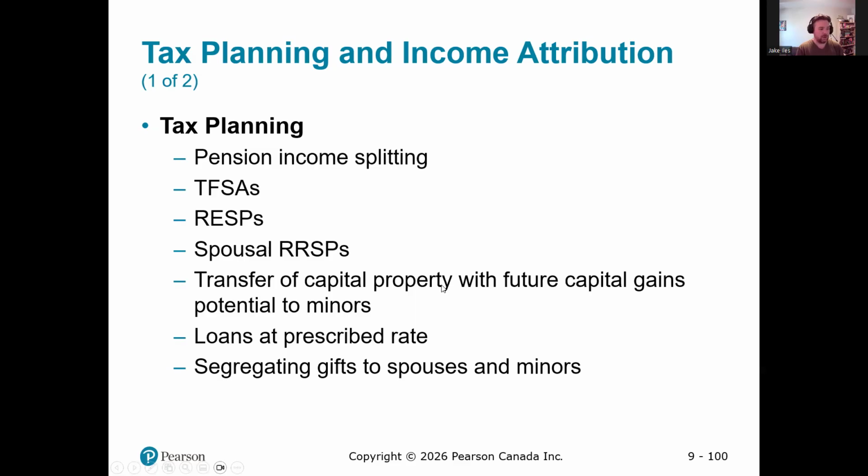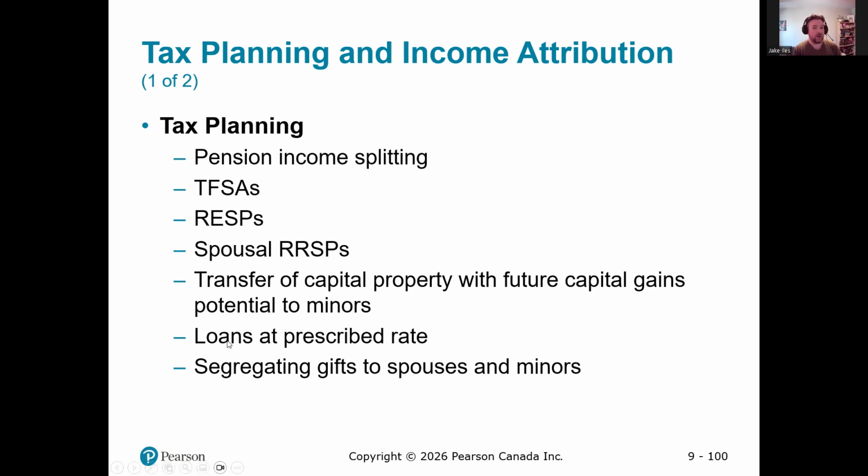Transfer capital property that we expect are going to have future capital gains to our minors. So when we transfer to minors, the income is going to be attributed, but the capital gains are not. So if we think this property is going to really get some gains in the future, transfer it now at fair market value, and those future gains will be reported in the minor's hands.